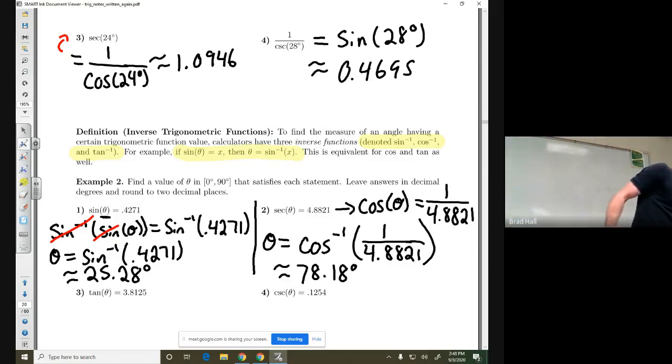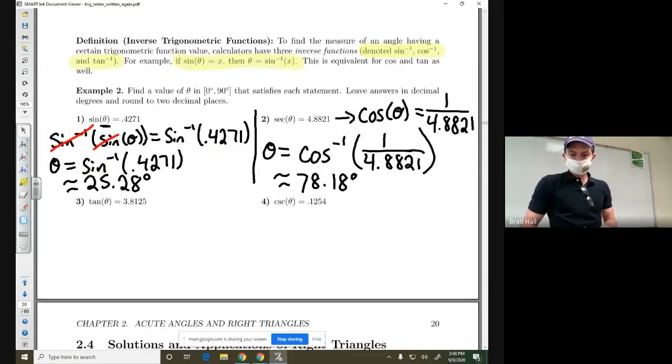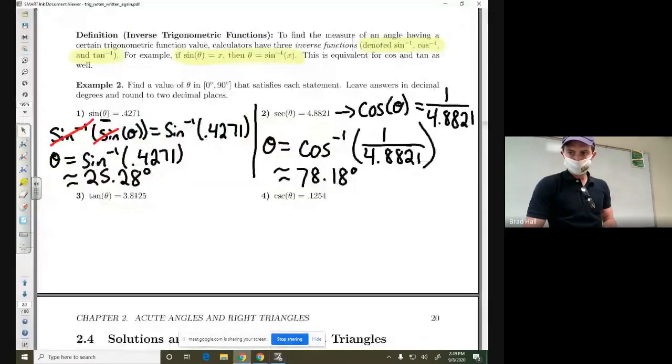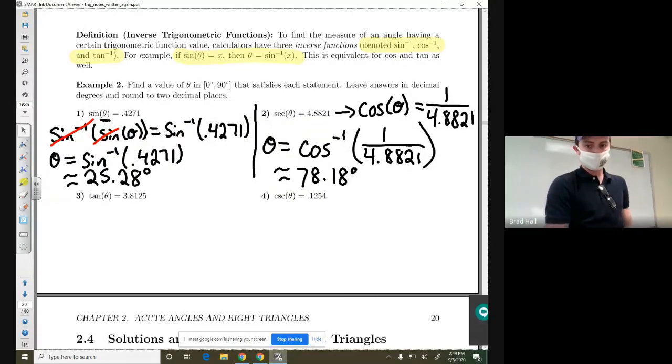And I get 78.18 degrees. If those two work out pretty okay so far, then again, the next two probably won't be too bad.